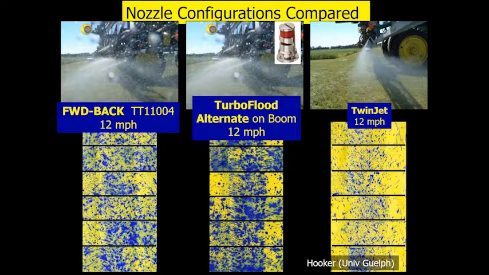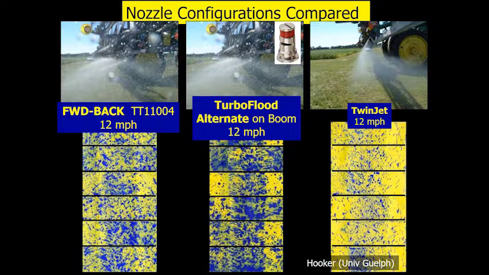The nozzles are such that the spray pattern is about 15 degrees down from horizontal. And this is why the twin jet did not work, because those angles aren't as horizontal as what we like to see, so we got poor head coverage with the twin jet. But these nozzles are about 15 degrees from horizontal, and that produced very good coverage.